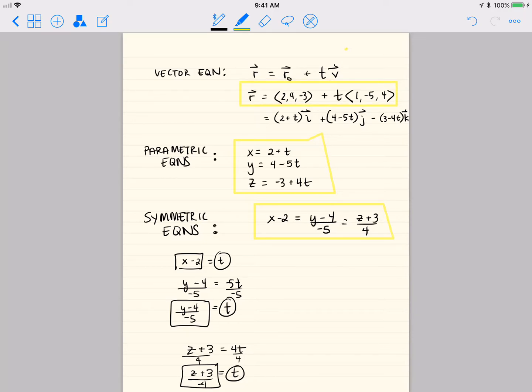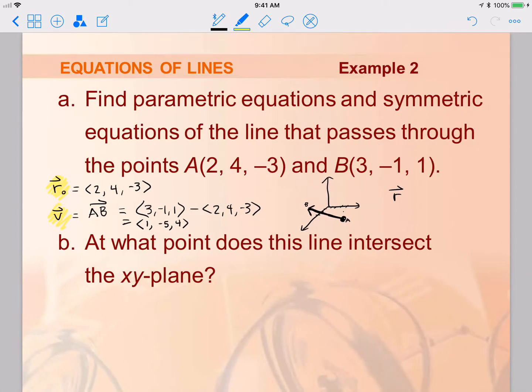Okay. And what's the last thing we needed to do? At what point does this line intersect the XY plane? Okay. So what does it mean to intersect the XY plane? Well, the XY plane is the same as this horizontal plane here, right?